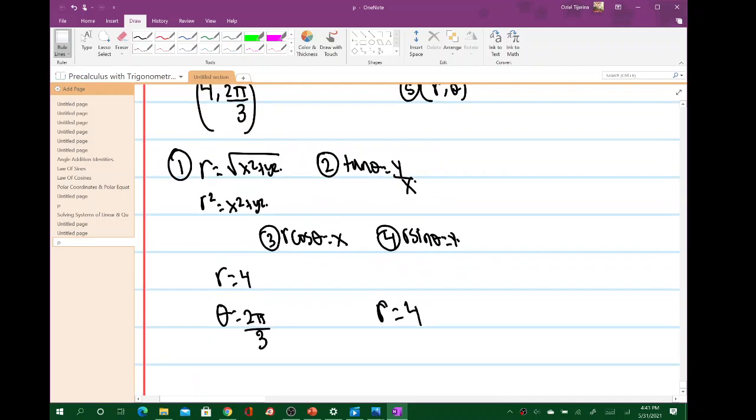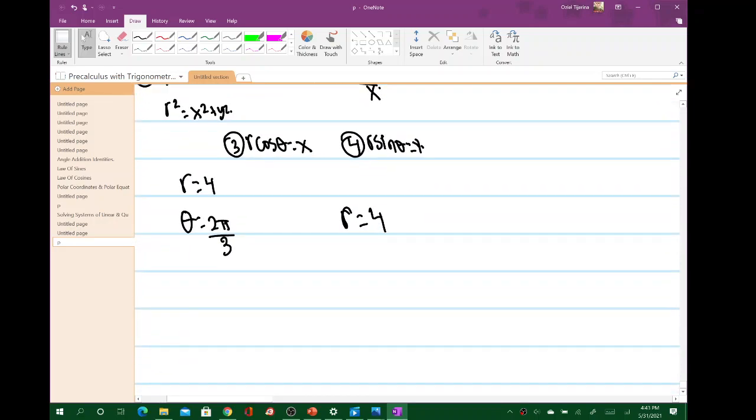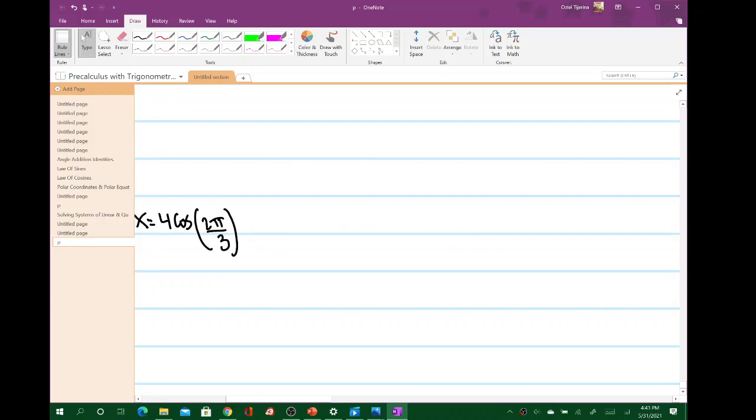Now we want to convert it to x comma y, right? We want to go from (r, theta) to (x, y). So the way to do that, we're going to say that x is going to be 4 times the cosine of 2 pi over 3. And this is where you're going to have to use your unit circle, right?